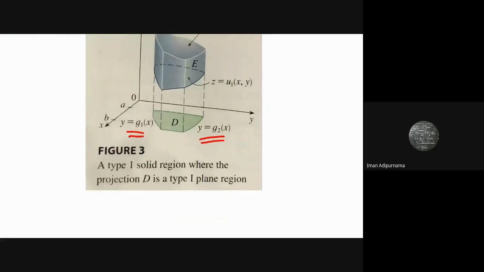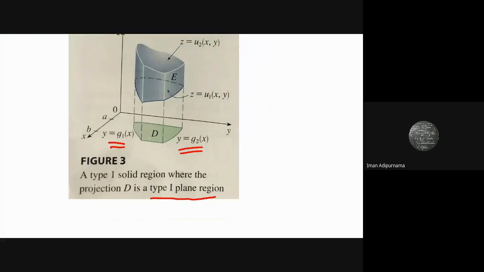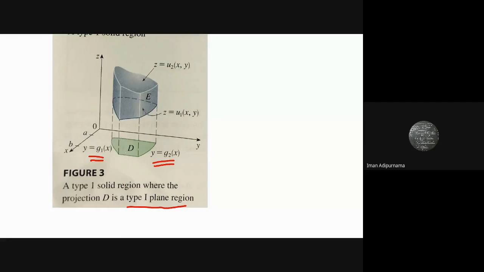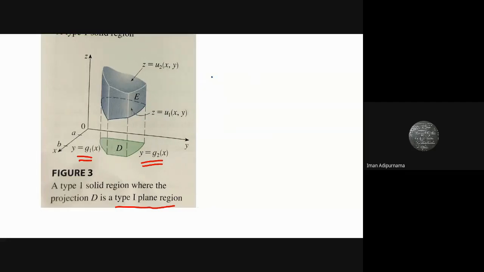We know that we have two types, right? We have type 1, we have type 2, if you remember. From here, y is a function of x, right?